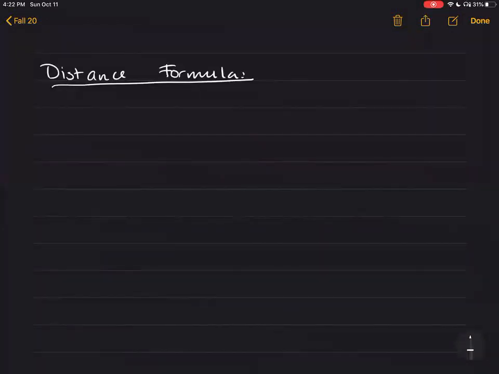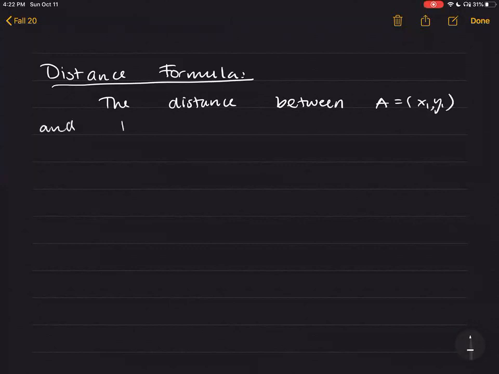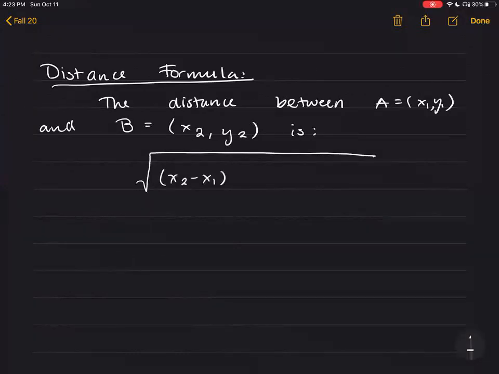So the distance between some point A, where it's x1, y1, and B, where it is x2, y2, is given by the formula square root of x2 minus x1 squared plus y2 minus y1 squared.